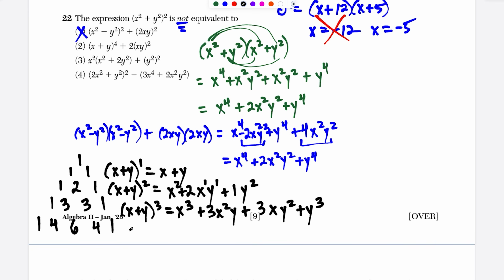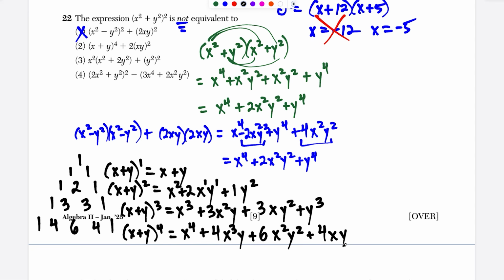Now for the next one, x plus y to the fourth power is equal to x to the fourth, plus a coefficient of 4, and our power of x goes down 1 and our power of y goes up 1. Then plus our next coefficient, 6, with x to the second and y to the second, and then the next coefficient is 4, the x power goes down, the y power goes up, and finally the last coefficient is 1, and we have y to the fourth power.